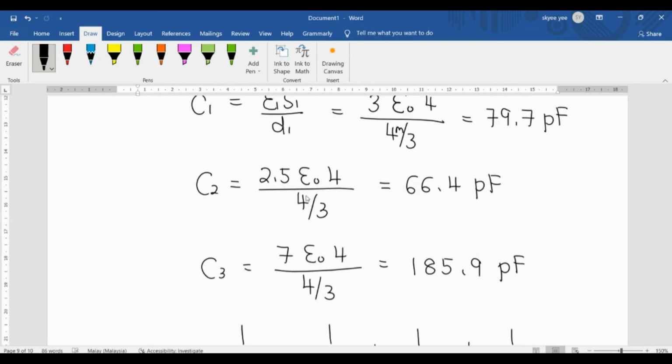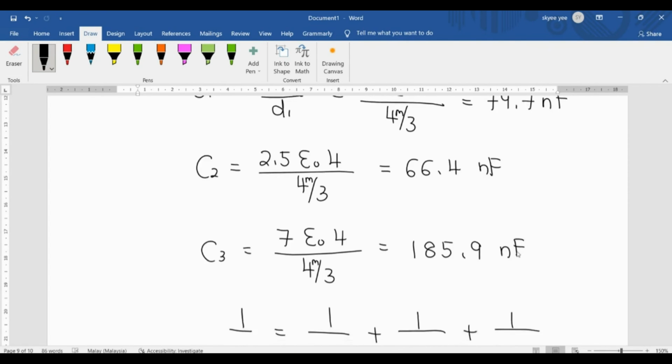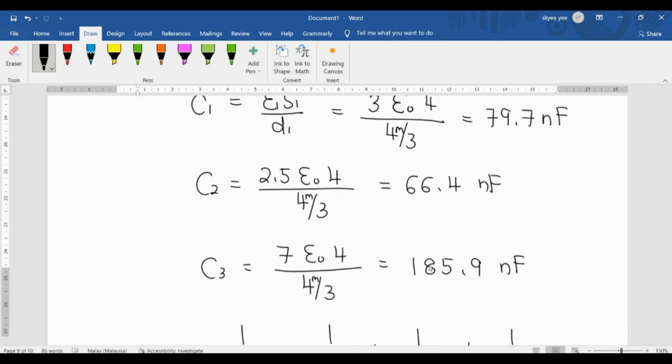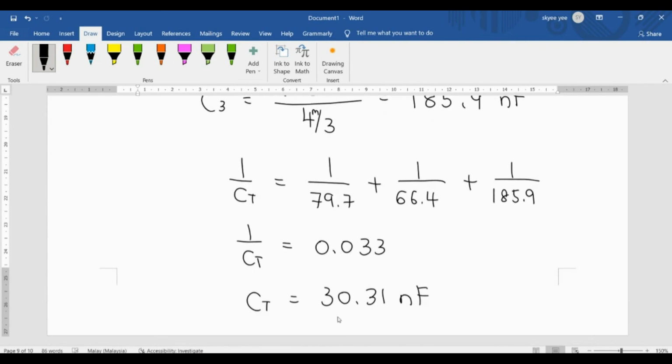So this one will be divided by milli. It should be nano. This one also nano. This one should be milli, 4 millimeter divided by 3. So this one is nano.